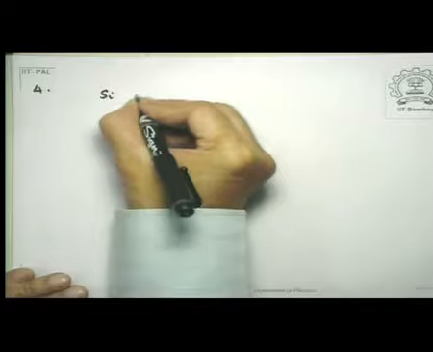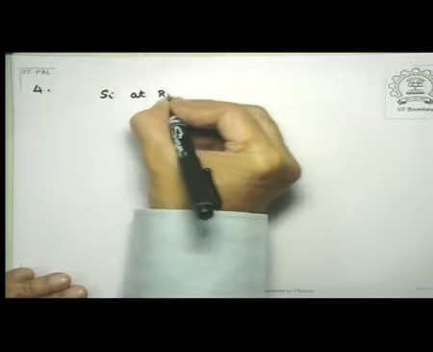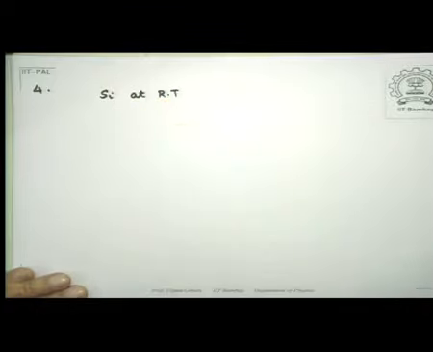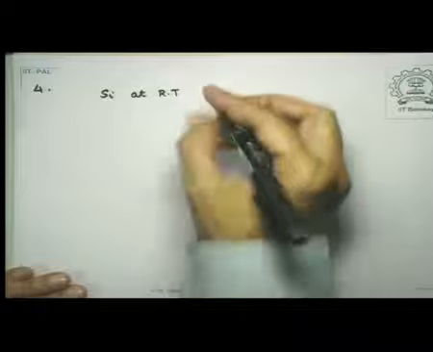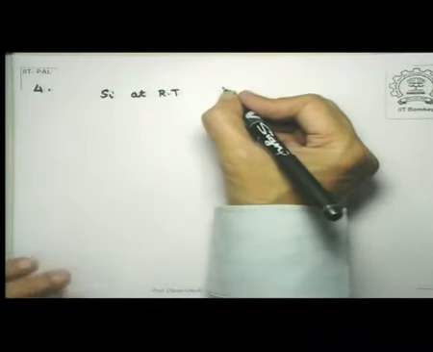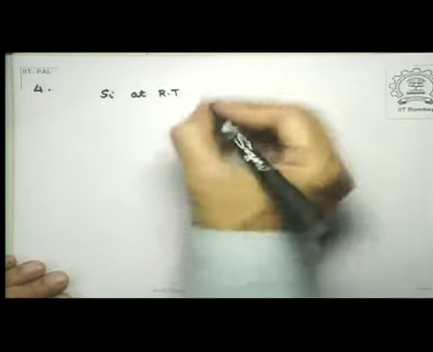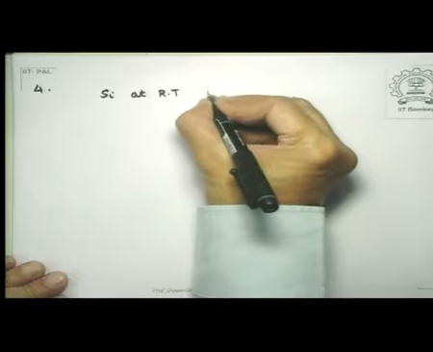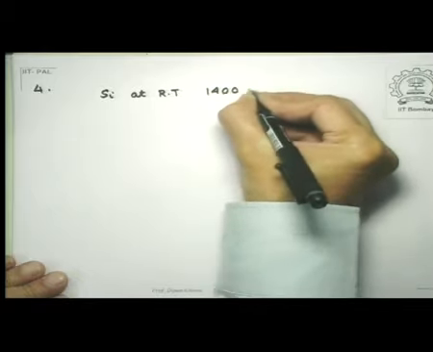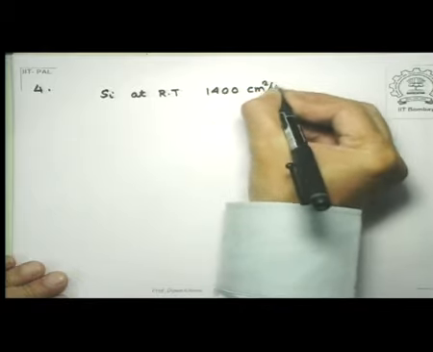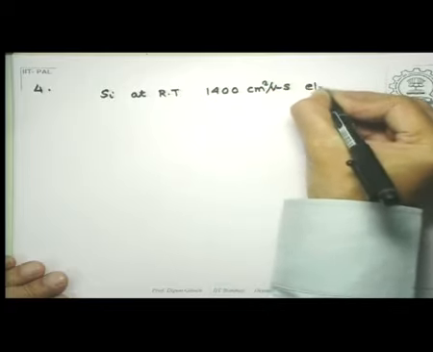For example, if you look at silicon at room temperature, there are two types of charge carriers in silicon or semiconductors in general. There is the electron mobility, which is about 1400 centimeter square per volt second.